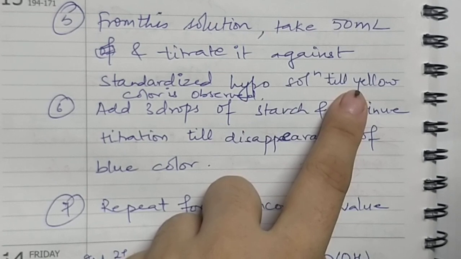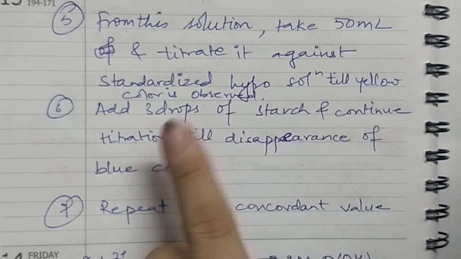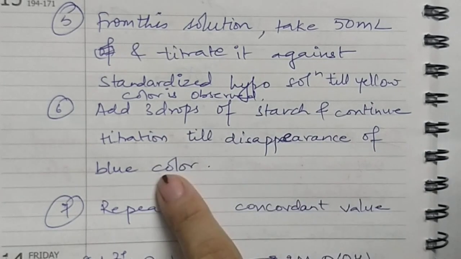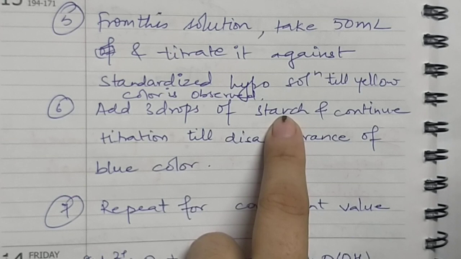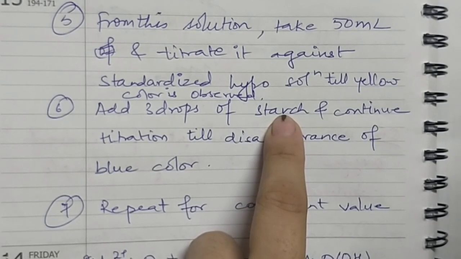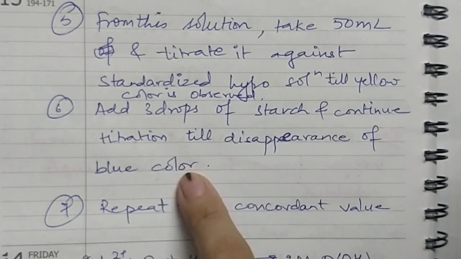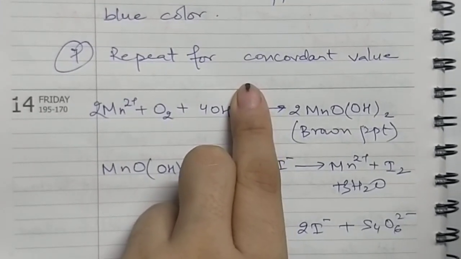As you achieve the yellow color, you add 3 drops of starch solution, and you continue the titration till disappearance of the blue color. When you add the starch solution, iodine reacts with the starch and forms blue color, and you titrate continuously till this blue color disappears. You repeat until a concordant value is achieved.